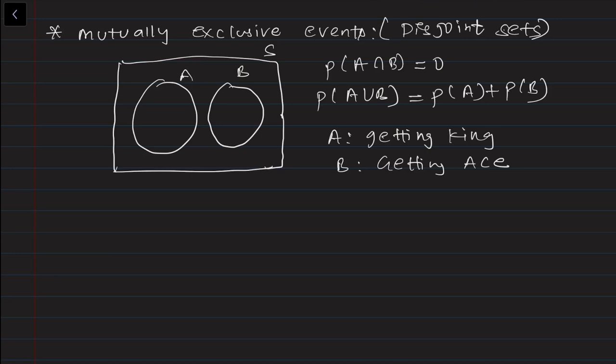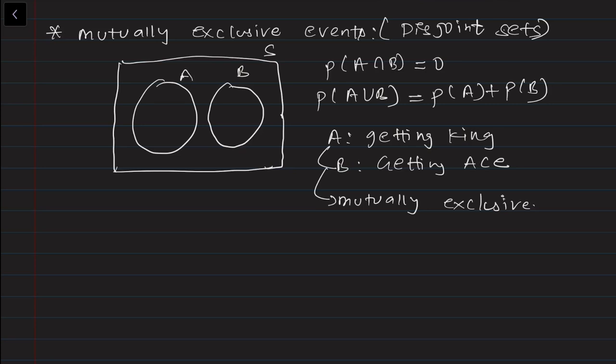I mean, you cannot get a king as well as an ace in the same card, right? This is not possible. If you have ever played cards, then you know that the king and ace cannot appear in the same card. That's why events A and B are mutually exclusive. Either you can get a king or an ace.